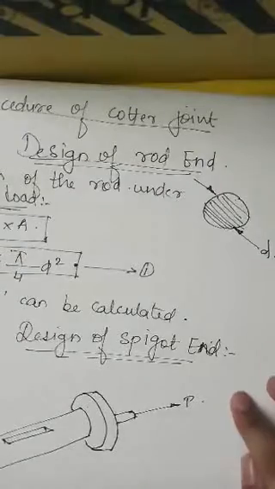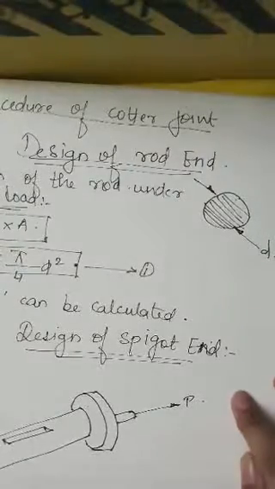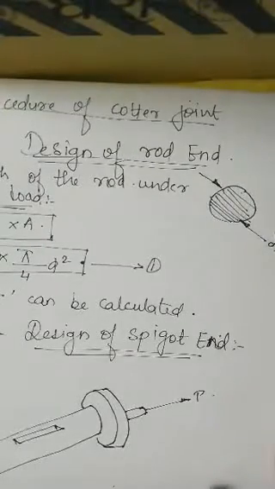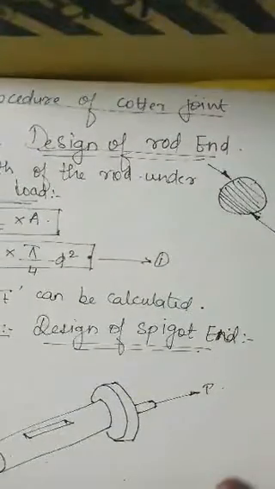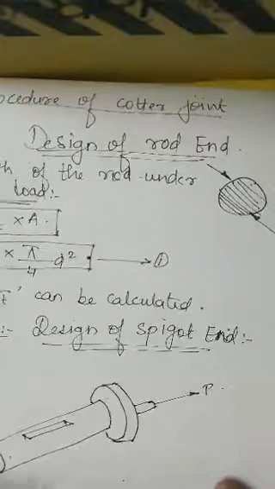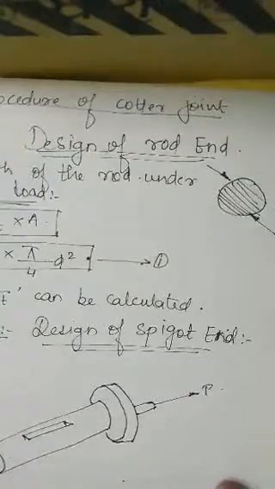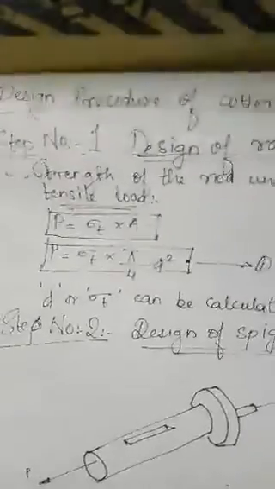We are considering tensile forces, hence the arrow will be in opposite direction going away. Now considering failure of spigot under tensile. In step number 2 we will take point number 1.